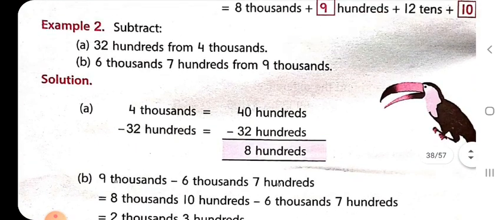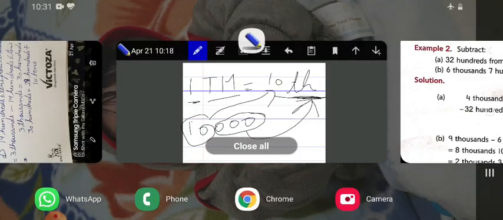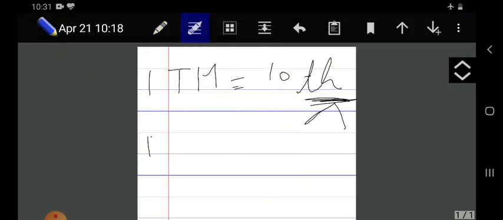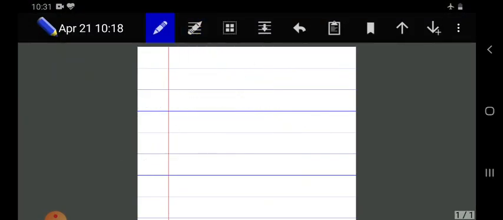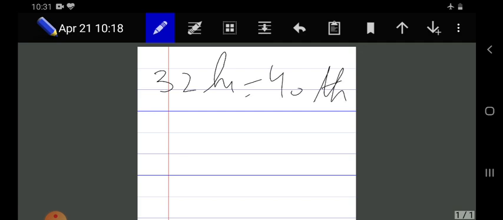Okay, just take example number 2: subtract 3200 from 4000. So here we have to subtract 3200 from 4000.